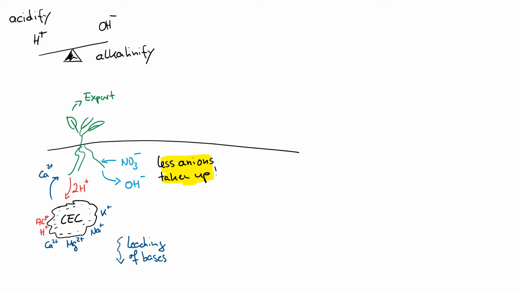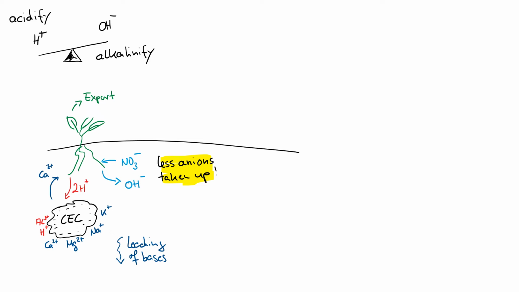The more protons we add to the soil, because they preferentially attach themselves to these cation exchange sites, will result in base cations ending up in solution. They may combine with anions, leach out of the system, and leave behind a soil that tends to acidify.